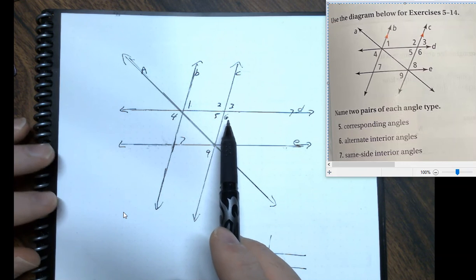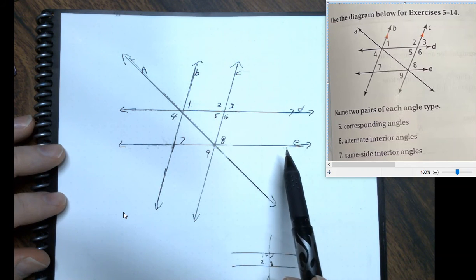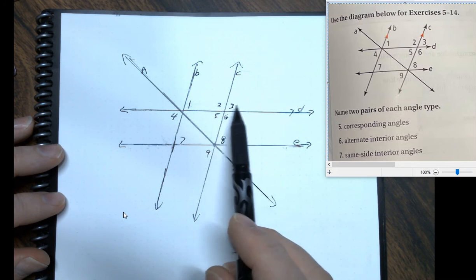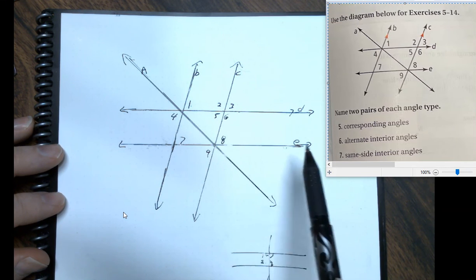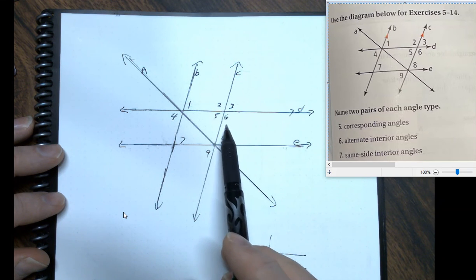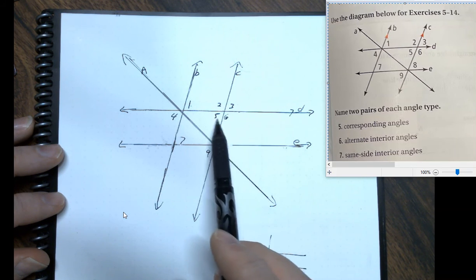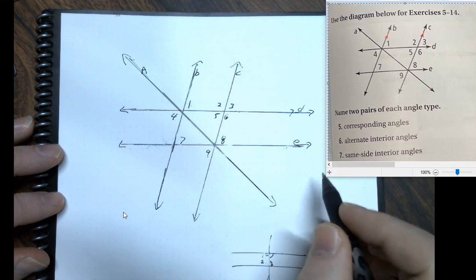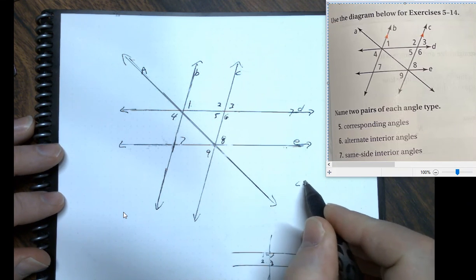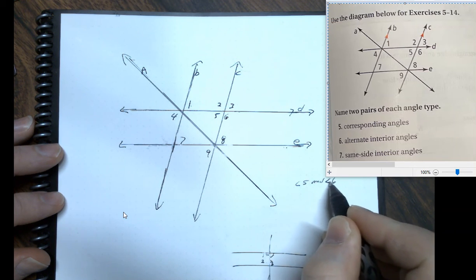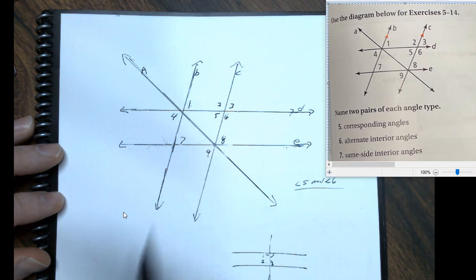Similarly, what you could do also is look at, it would be 2 and 3, no, that's the exterior, this is interior. Alright, so 5 and 6 are our interior angles on the same side, being 180 degrees. That would be one example of it.